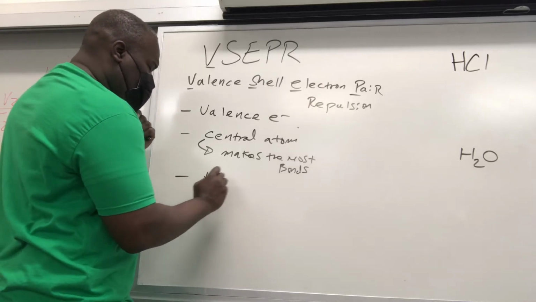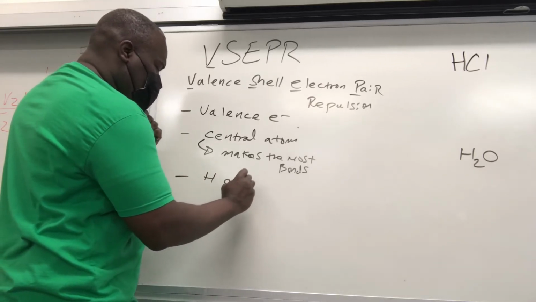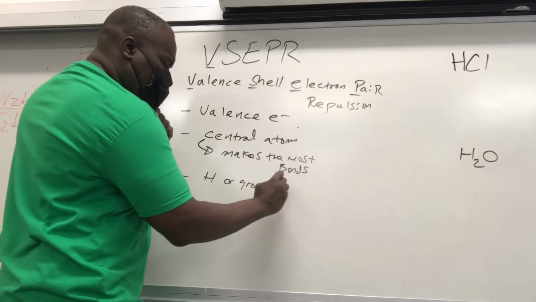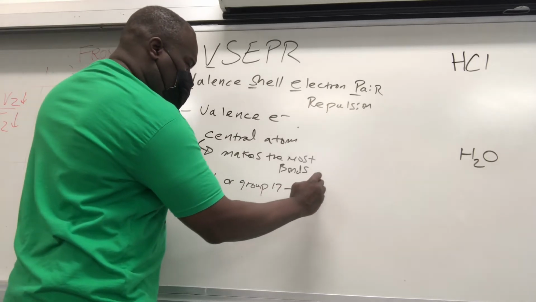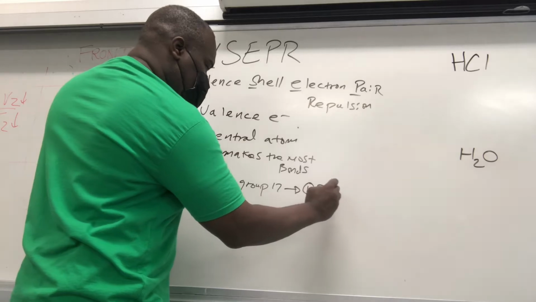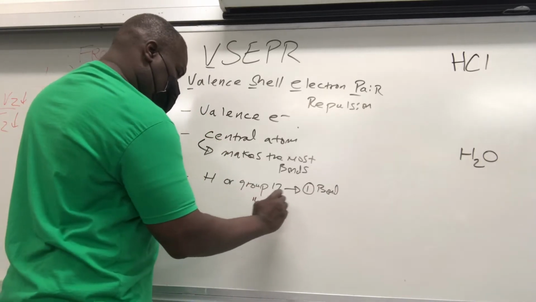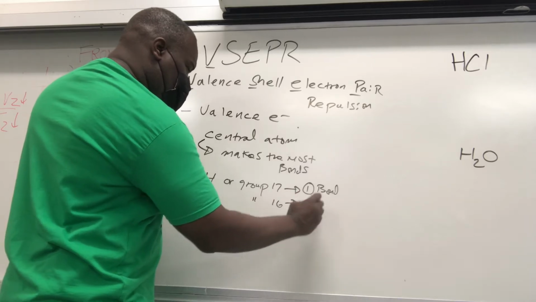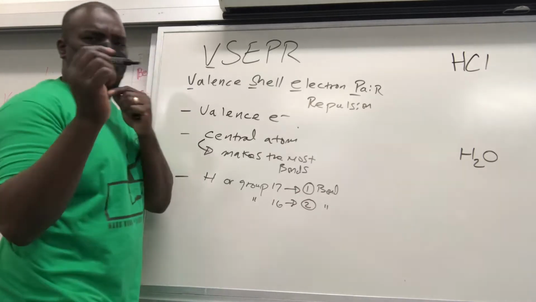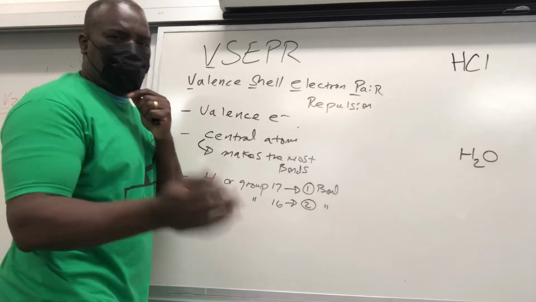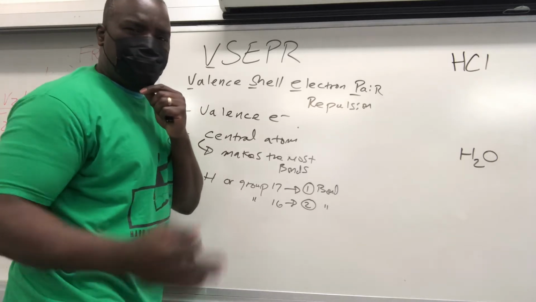We agreed in the building code, as a recap, that if you're a hydrogen or you're in group 17, you're going to form one bond. If you're in group 16, you're going to form two bonds. We don't want to try to draw the shapes without knowing the building code; it's like building a house without a blueprint.